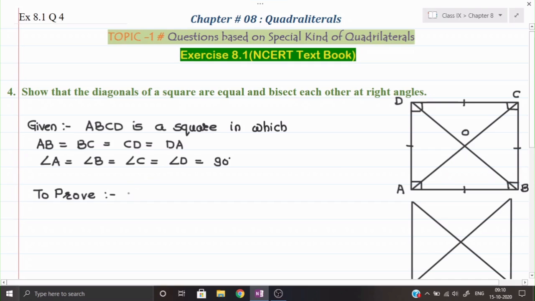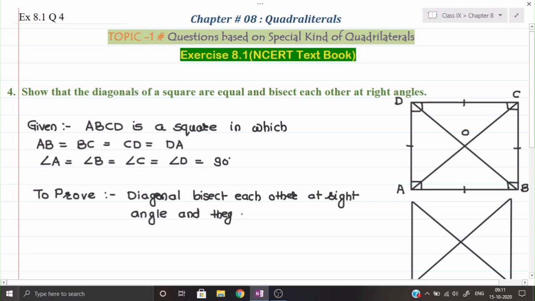We have to prove that diagonals bisect each other at right angle, means they are perpendicular to each other, and they are equal. Okay. Now see here, whatever we have written, that we shall capitalize.